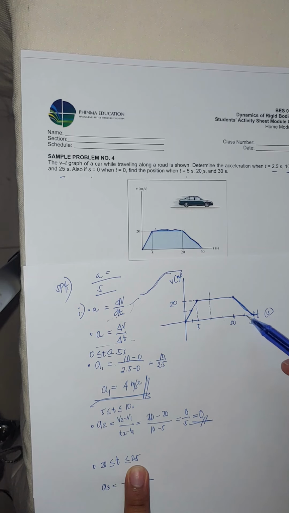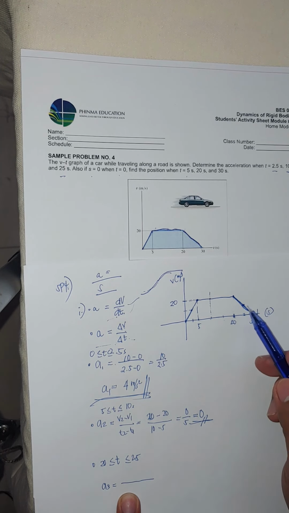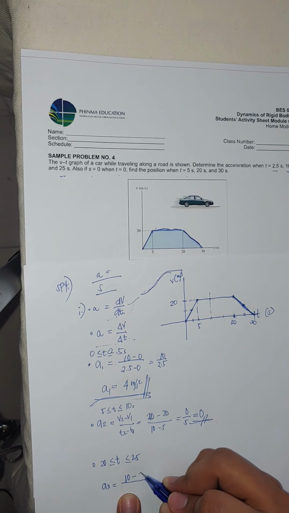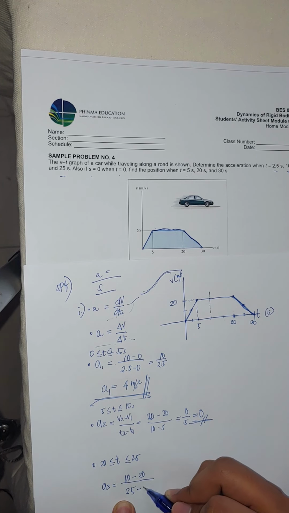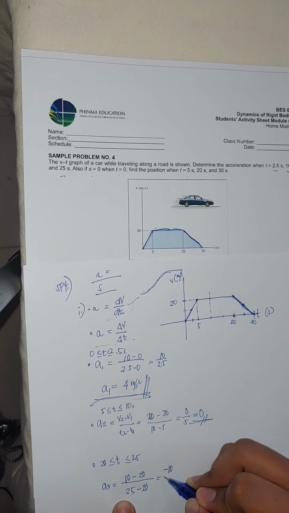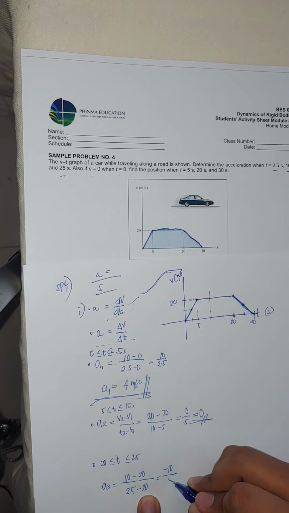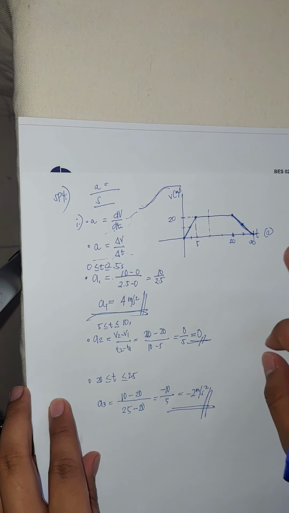Therefore from 20 to 25, that is 5 seconds, so the velocity at this point at 25 is 10. So final velocity at 25 is 10 minus velocity at 20 seconds, that is 20, over time of final 25 minus 20. That is negative 10 over 25 minus 20, that is 5, equals negative 2 meters per second squared. So that is the acceleration at this point.